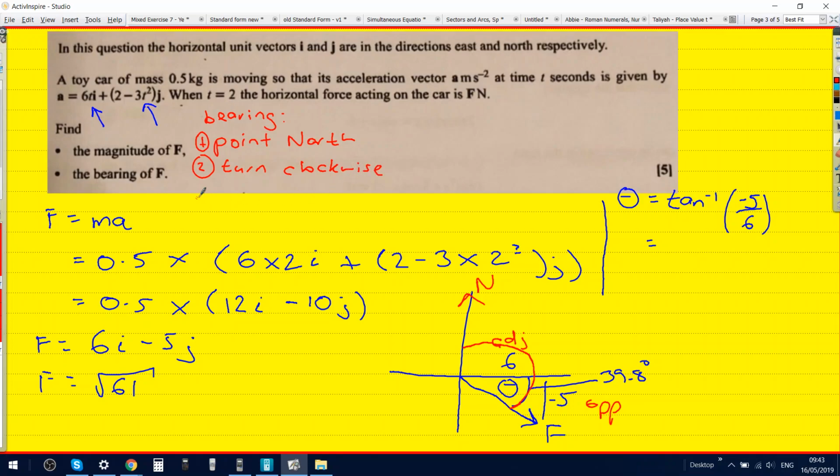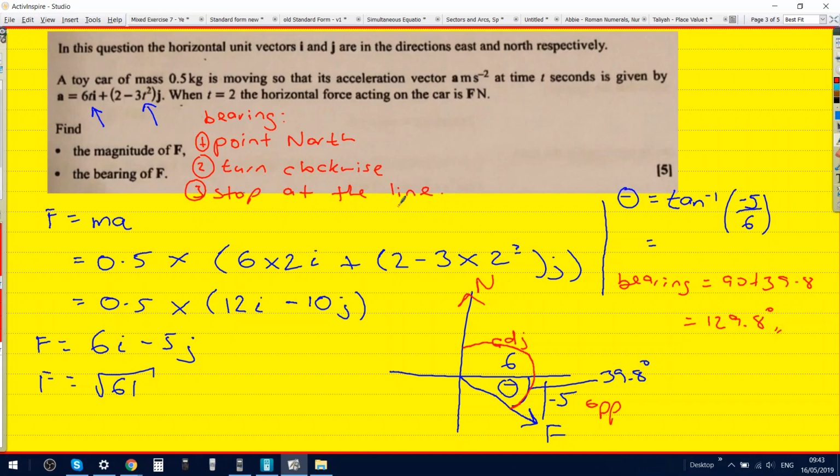And so what is the bearing for this one? The bearing would be 129.8 degrees. That's it. So it's 90 plus 39.8, so it's 129.8 degrees.